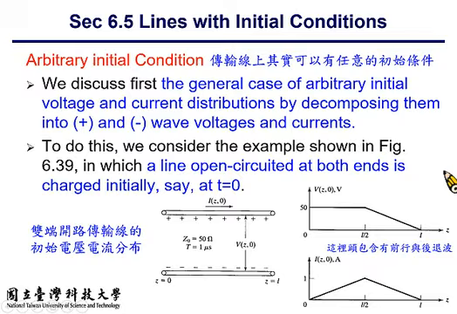The signal is still flowing. They are not settled. And another thing that you should be careful about is the boundary condition. For this case, the figure shows that the two ends of the transmission line are open circuit. What are the boundary conditions for open circuit termination?